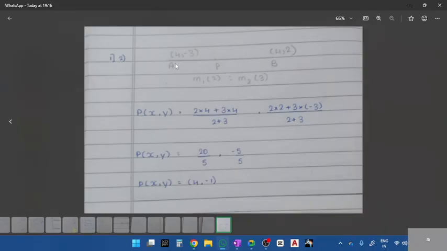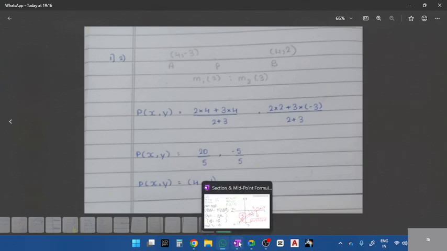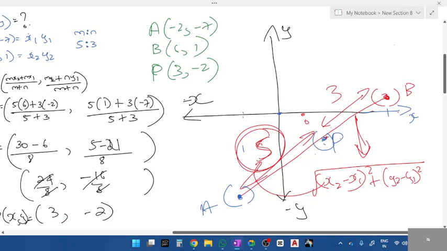Can you tell me where A lies, students? First, second, third, or fourth coordinate? 4, -3. One is positive, the other one is negative. Where will A lie?